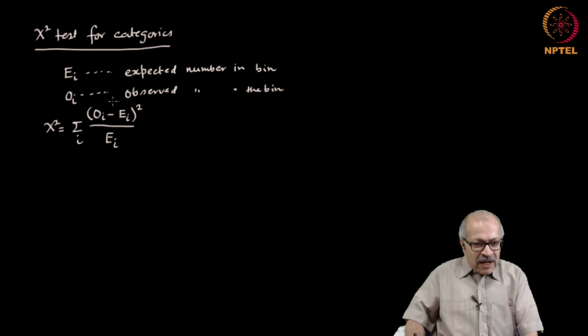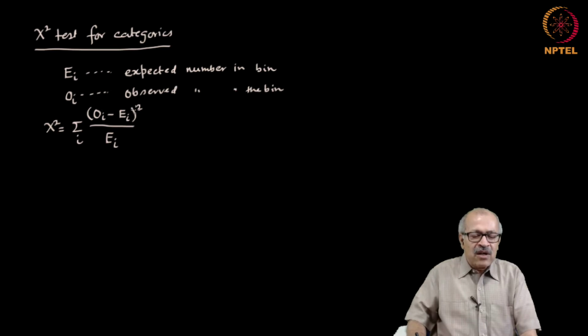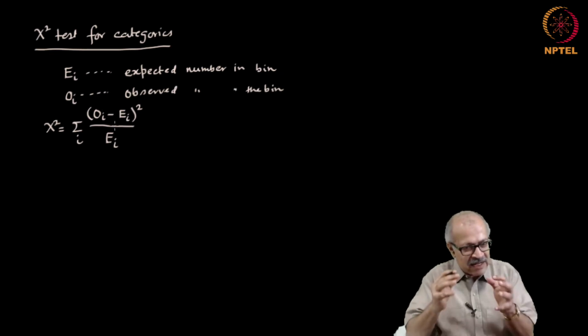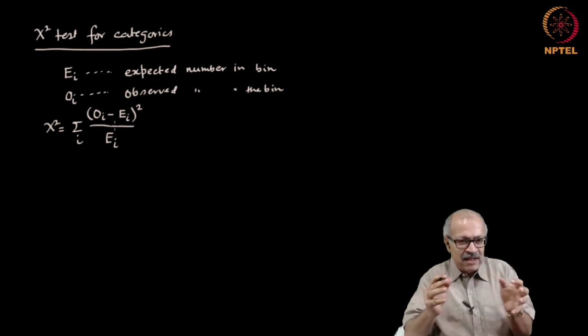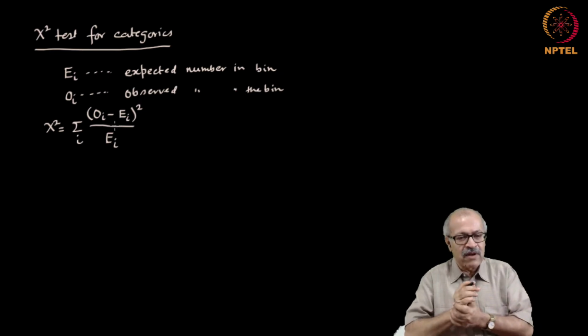Now, if you define it this way, you are essentially saying that I have obtained a value and my expected value was this, and therefore this is the fluctuation, the difference between the observed value and the expected value, that when normalized gives us a sense of how big the differences between the expectation and the observed value are.